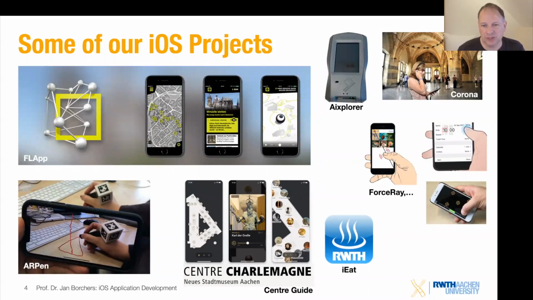And this goes back to, like, we started as early as 2009 to ship products running on iPhone. The Explorer, for example, was a tour guide for Aachen that we built. Back then, we put an iPhone 4 or something like that into a custom-made case, as you can see there, with an extra battery and GPS receiver and stuff like this.